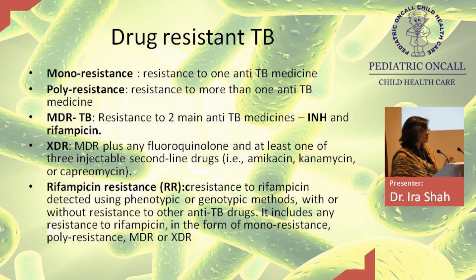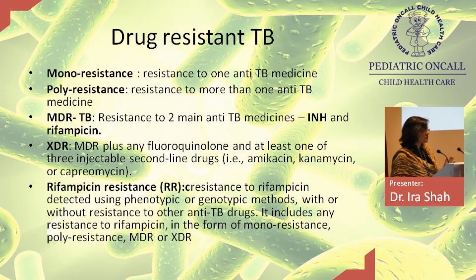Polyresistance is resistance to more than one drug, and you don't have INH and rifampicin together. If you have INH and rifampicin resistance together, it is known as MDR, multi-drug resistance. It's not called polyresistance. Why this difference? Because INH and rifampicin form the backbone of the TB regimen.